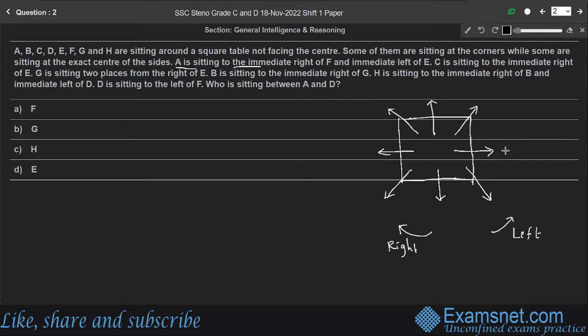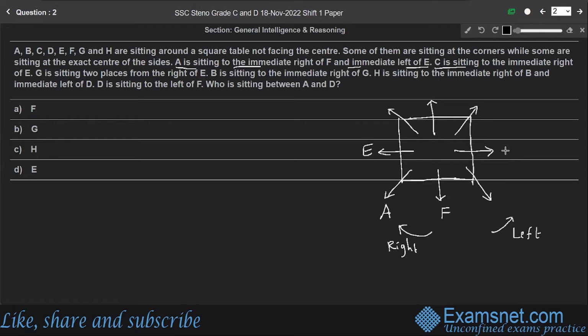If you consider A here, who is sitting to the immediate right of F, therefore F has to sit here. F's immediate right is A. Next, A is sitting to the immediate left of E, therefore E is sitting here.